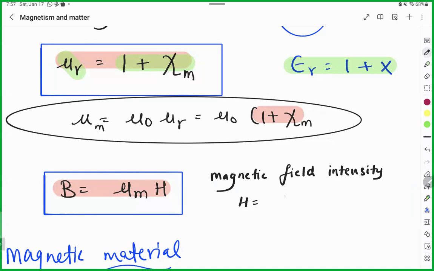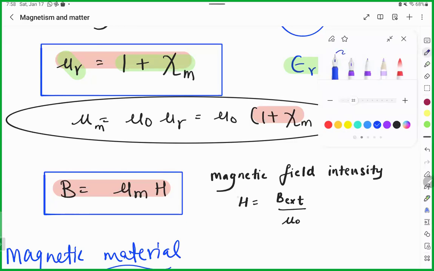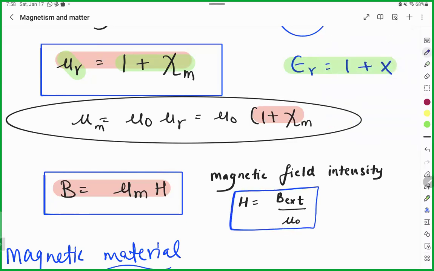Magnetic field intensity H is equal to external magnetic field divided by mu naught. What is the simplest meaning? Magnetic field for a given medium or for vacuum. Then if you know this, what will be the B value? Mu naught into H, and for a given medium, mu into H. It is derived from the same formula. Make sense, guys?